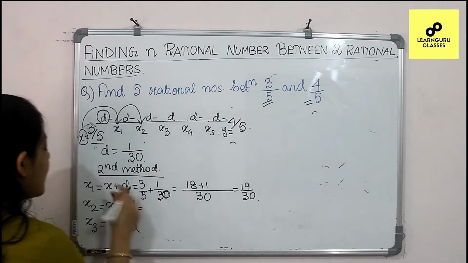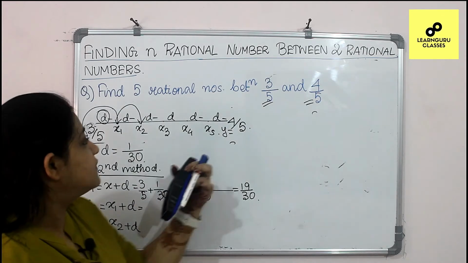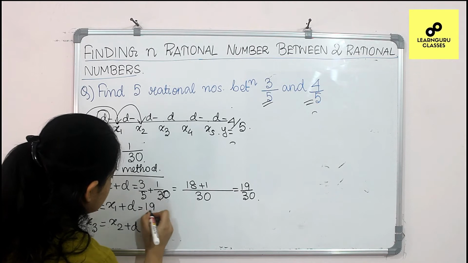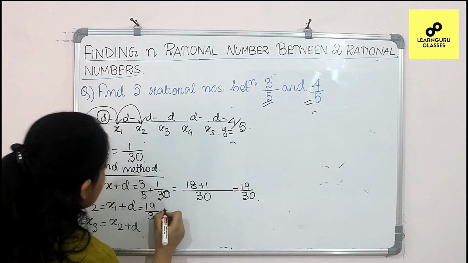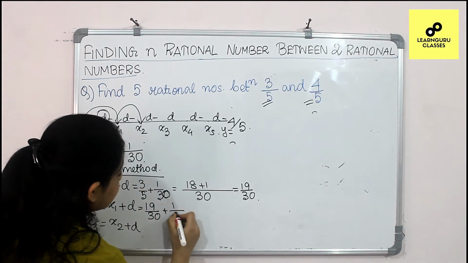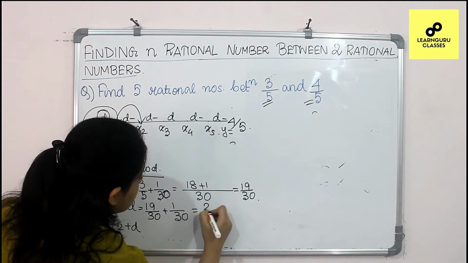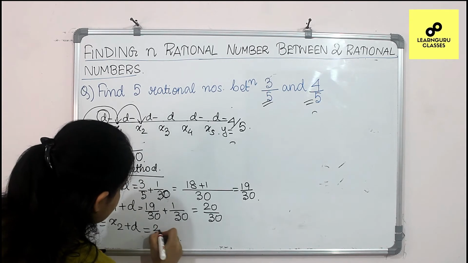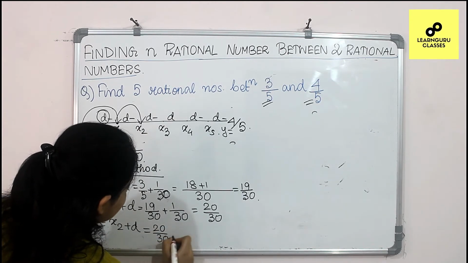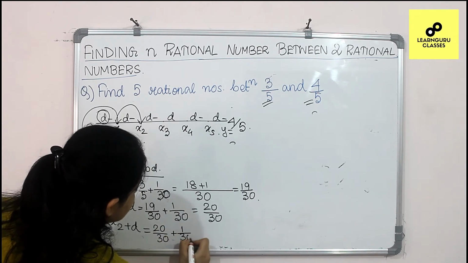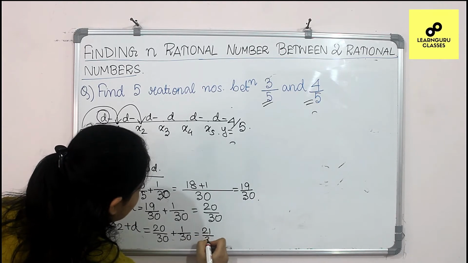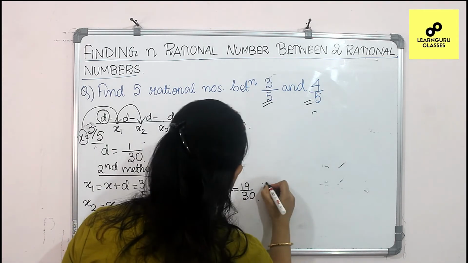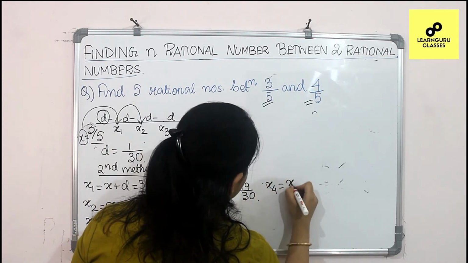So once x1 is done, afterwards the calculation is very easy. So for that x1 you have got 19 by 30 and d is 1 by 30. So just this will be 20 by 30. x2 will be how much? 20 by 30 plus 1 by 30, that is 21 by 30. x4 will be x3 plus d.